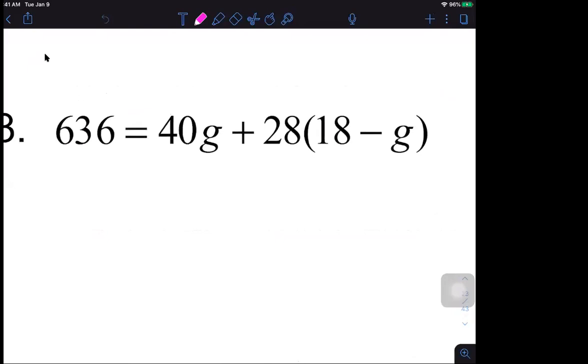First thing we're going to do is use our PEMDAS. We look into parentheses, 18 minus g. We cannot simplify that any. So now we're going to distribute through would be your first step.